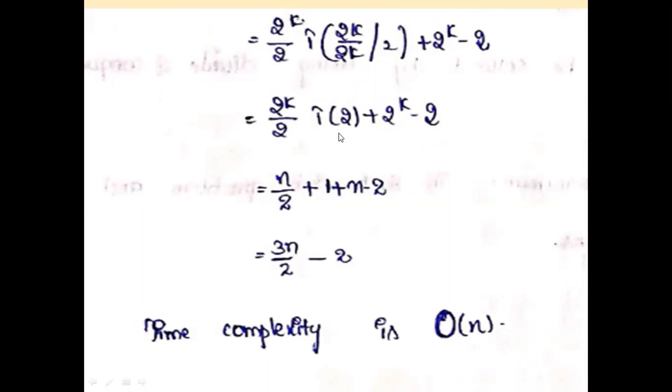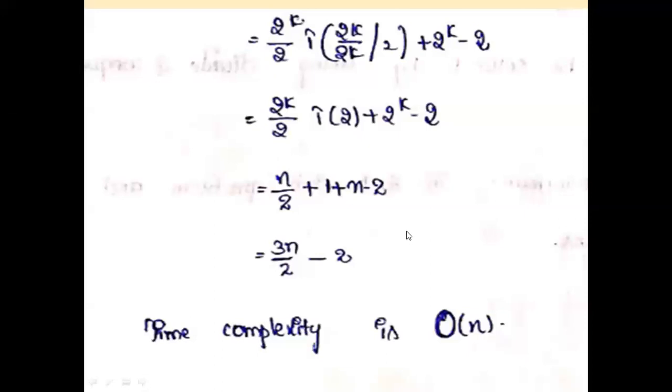T of 2 means the array has two elements and the total number of comparisons is 1, plus n minus 2, that equals 3n by 2 minus 2. That is the total number of comparisons required by the divide and conquer method.